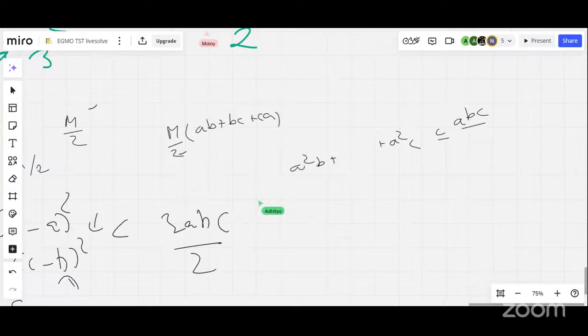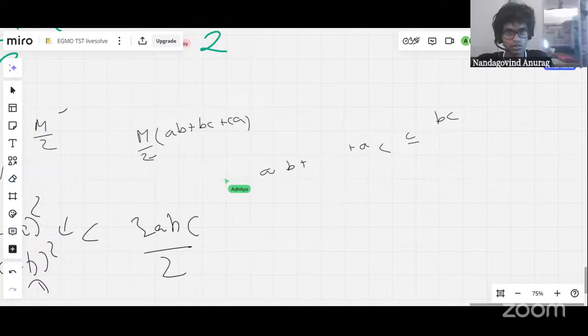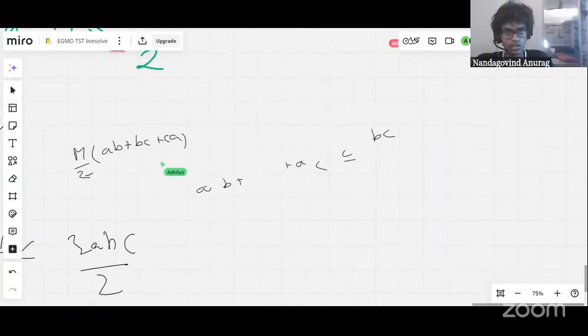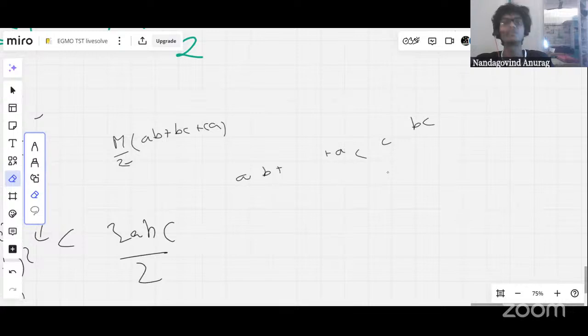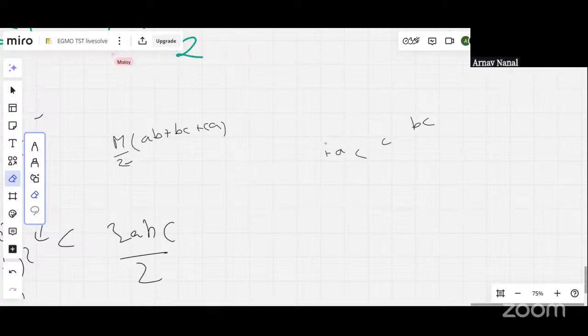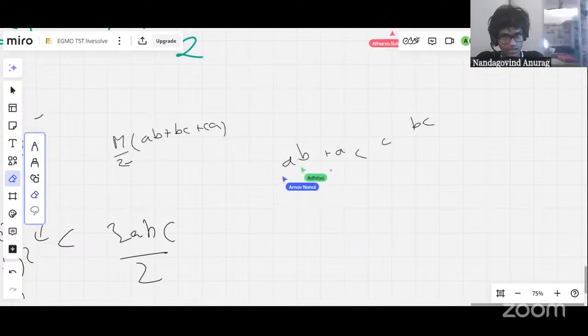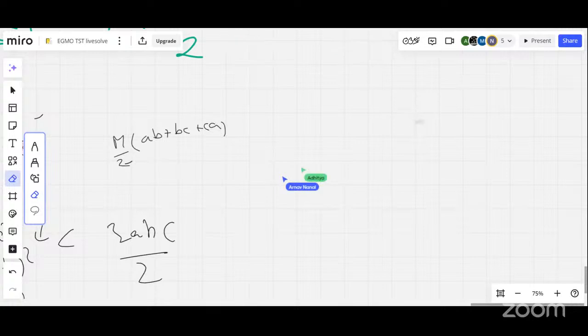So A and C are pretty far apart. It would be nice if we can show AB plus AC is less than BC. But that seems like way too much. I am being way too weak. A and C are so far apart.